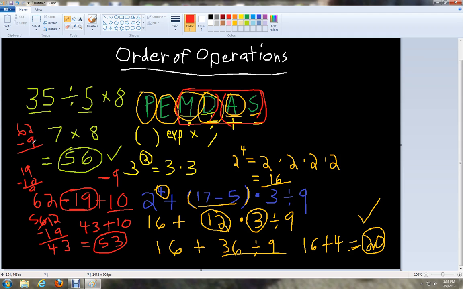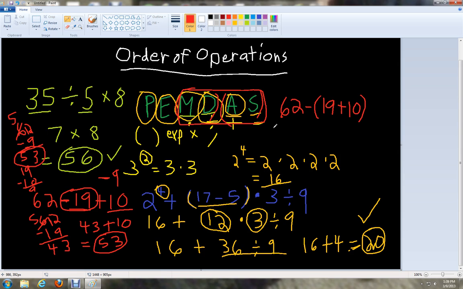And again, you can't take 9 from 2, so you've got to borrow, make that a 5, and that's 12, and you get 3. So you still get 53. You still get the same answer. The one thing you don't want to do is do 62 minus, and then parentheses, 19 plus 10.